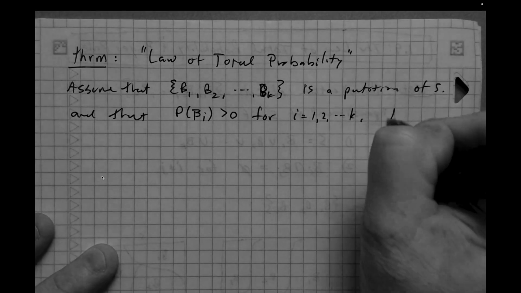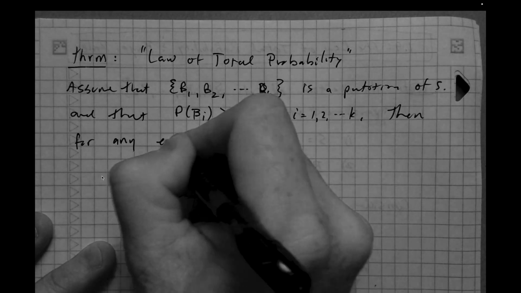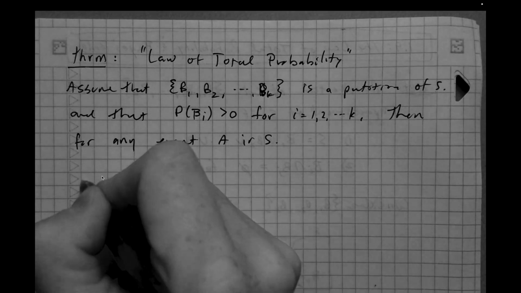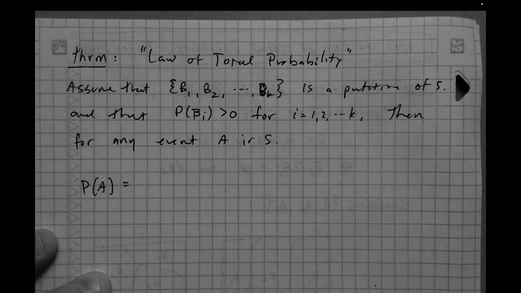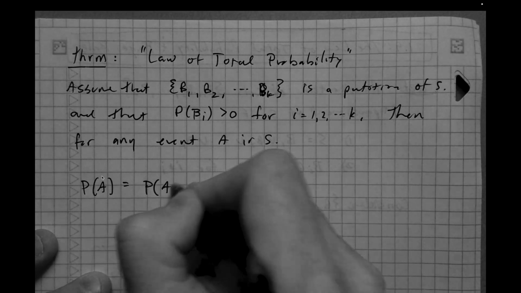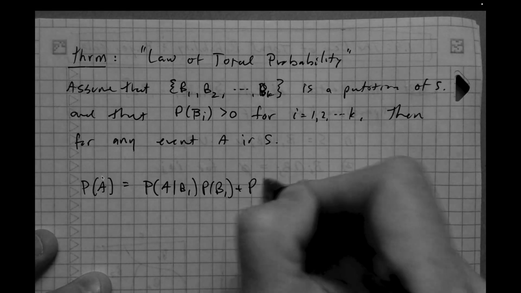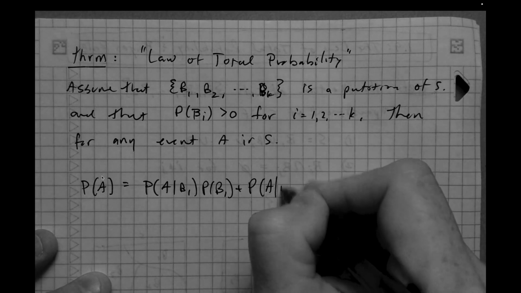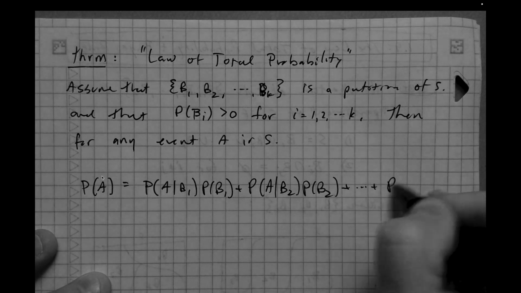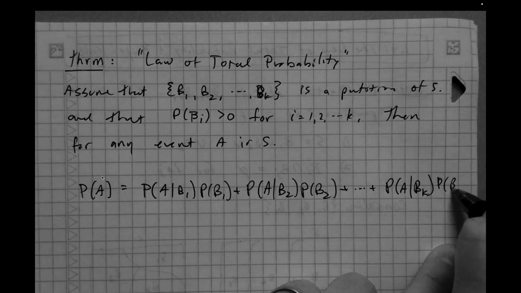Okay, so then for any event A in S, here's what we've got. This is the law of total probability. The law of total probability says the probability of A is equal to the probability of A given B1 times the probability of B1, plus the probability of A given B2 times the probability of B2, plus ... plus the probability of A given BK times the probability of BK.